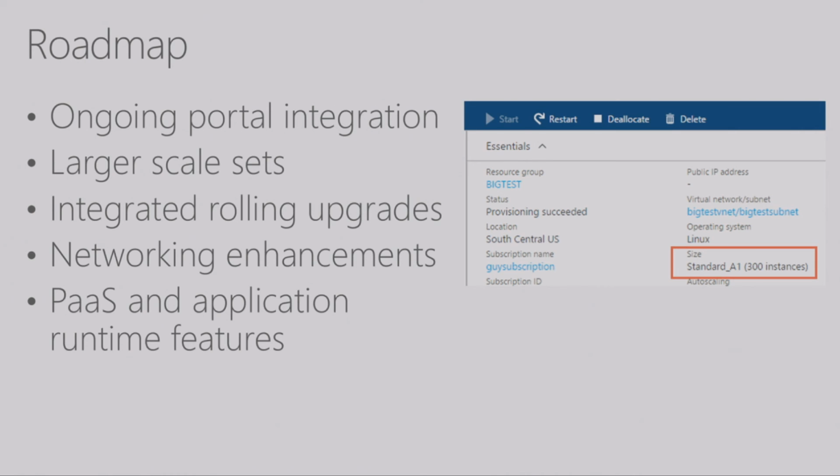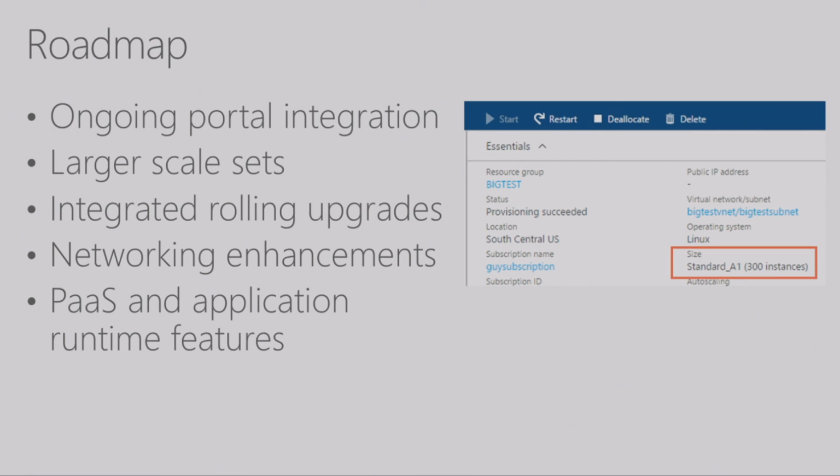The first step is to incorporate some kind of rolling upgrade technology into the definition of your scale set. So you can say, when the model changes, push a rolling upgrade and use a batch size of this, use a pause time between batches of this long, and run this script to verify that it was successful. So we're going to have configurable automated rolling upgrades as a first step.